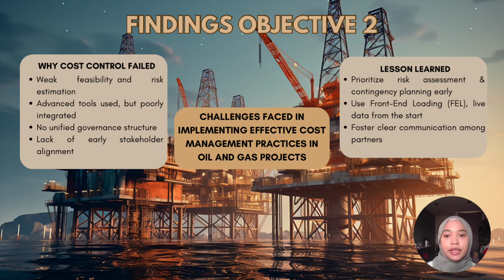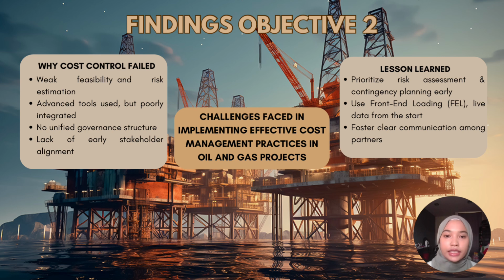So I will explain why cost control failed. Failure to undertake a proper early feasibility study resulted in initial cost estimates being incorrect. Further, lack of proper integrated governance and proactive stakeholder engagement resulted in even the most advanced cost control system falling short.